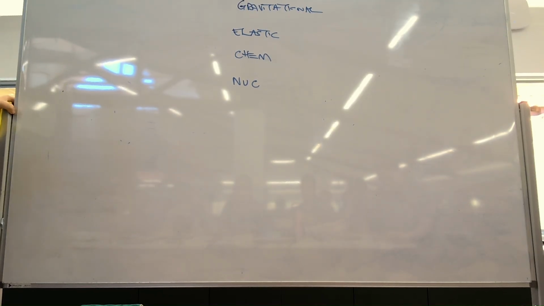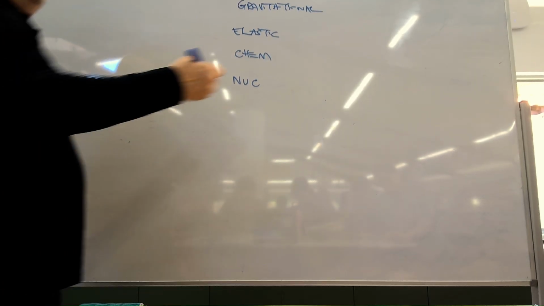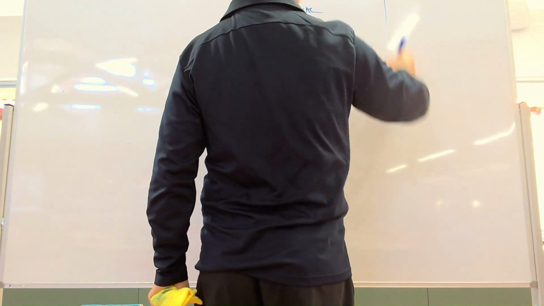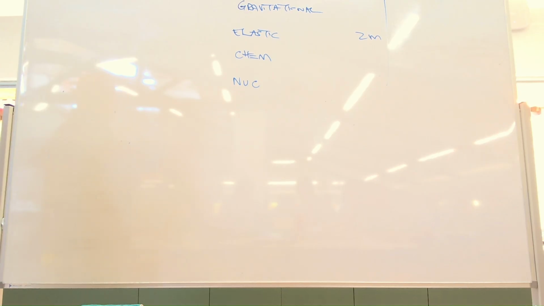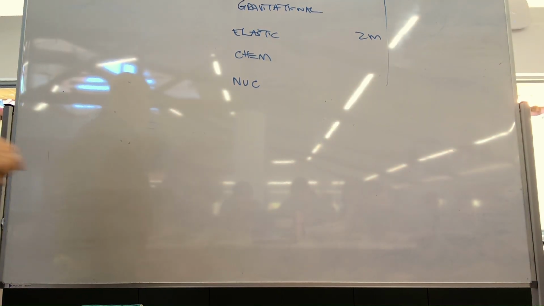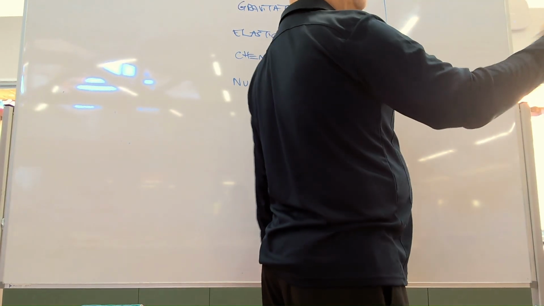All right, gravitational is when you hold something above the ground. So there's 2 meters tall and you're holding something above. It has the ability to fall. You need to know how to use this equation.